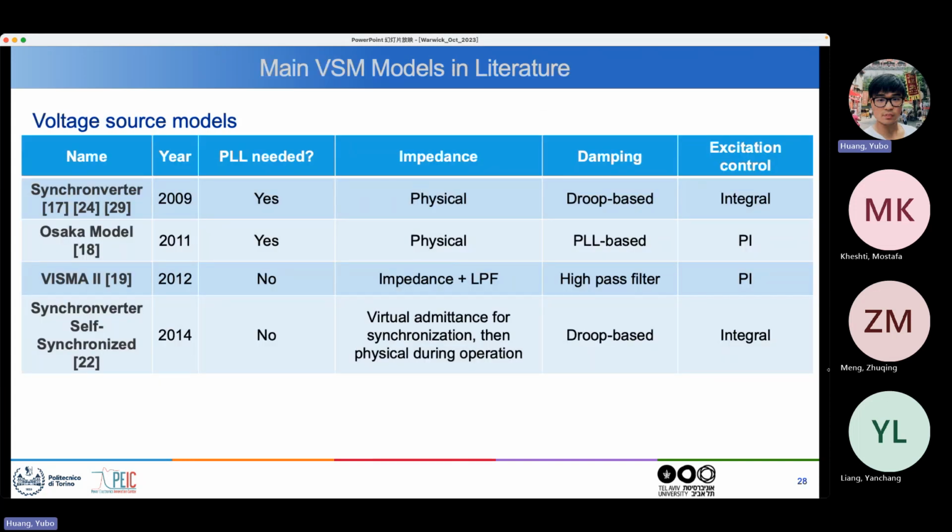Simplified damper. Then here are various types of virtual synchronous machines which have been proposed in the literature over the years. There is the one that we and our consortium proposed, the Synchronverter. There is the Osaka model. There is VISMA, which has been proposed by some people in Germany.